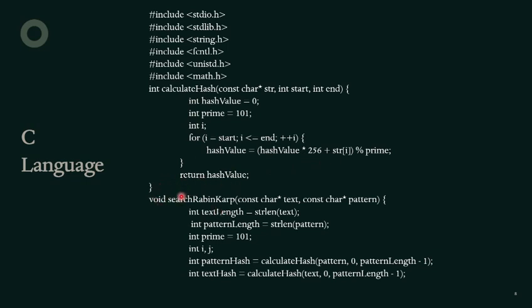Now let's see the Rabin-Karp search pattern, and it will take parameters text and pattern. As we saw in the algorithm, it takes the length of the text and the length of the pattern, and we will take a prime number for changing the hash value, the hash value of the pattern, and the hash value of the first substring of the text.